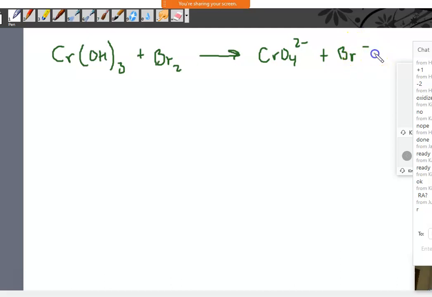Put here plus water. Okay. So again, same thing. Show me what is being oxidized. Let's put here oxidized. What's being reduced? What's my oxidizing agent? And what's my reducing agent?